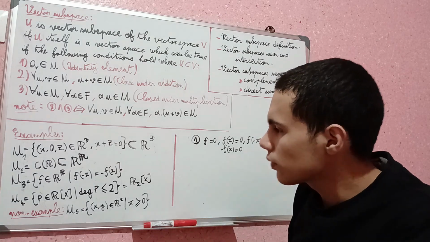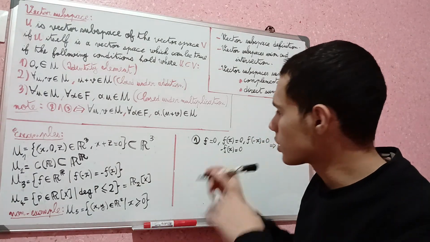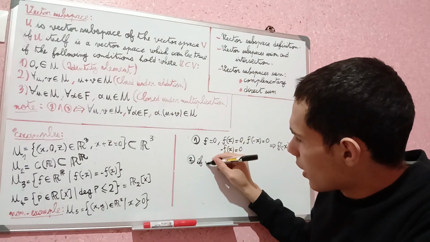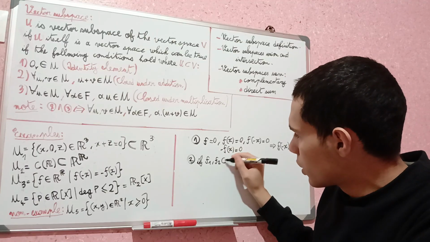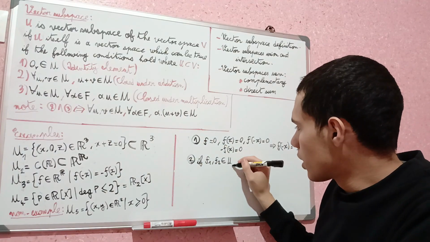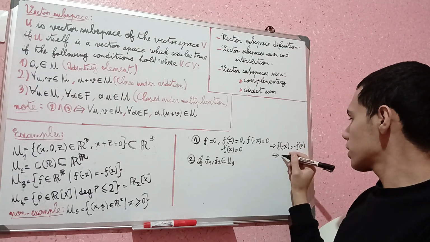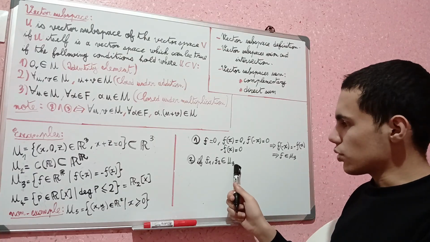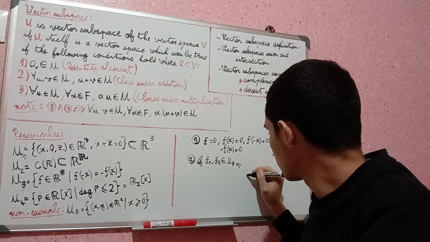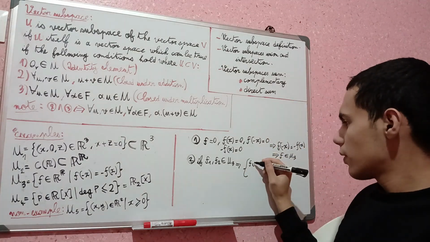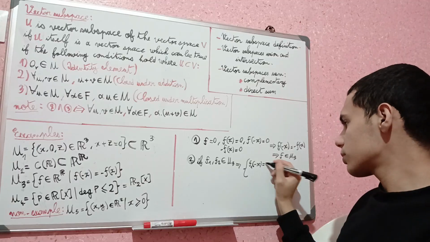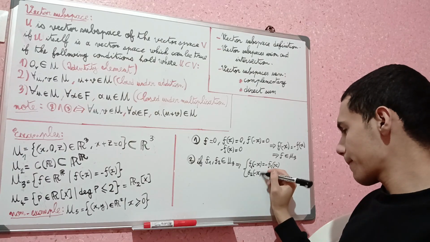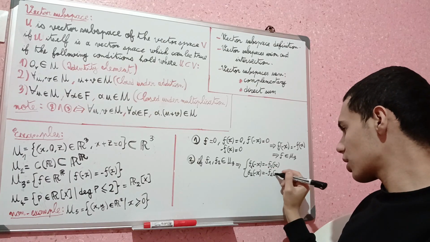And also we need to prove the closure. If f1 and f2 belong to u3, then automatically f1 of minus x equals minus f1 of x, and the same thing for f2: they are both odd.